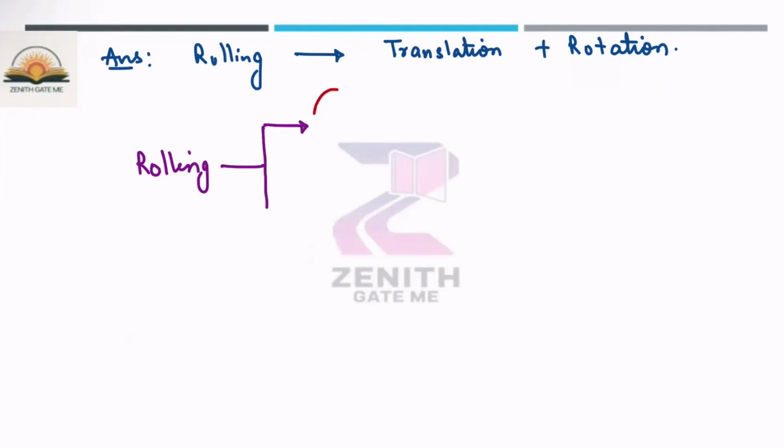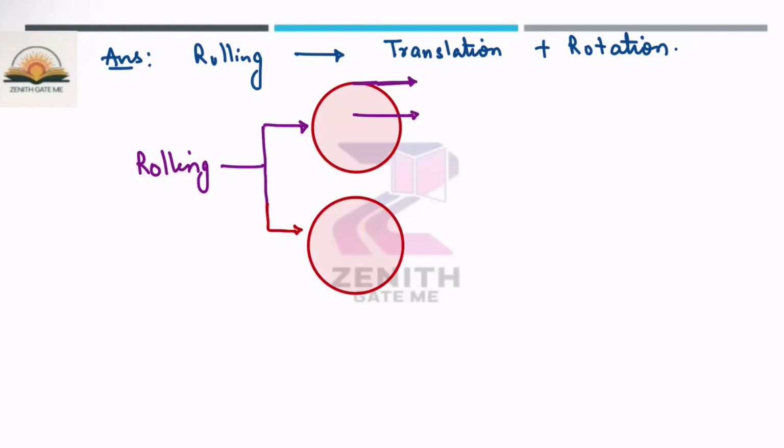Let us suppose there is a pure translation motion, and there is a pure rotational motion, because rolling is a combination of translation and rotation. If a body is doing pure translation, each and every particle will be in translation only. Yes or no? That means it is moving with the same velocity, let us suppose v.